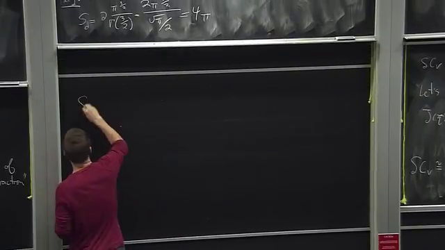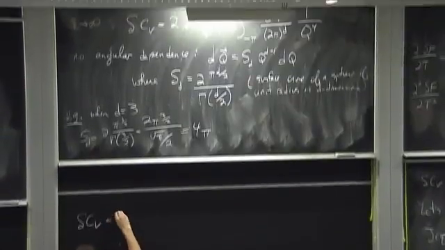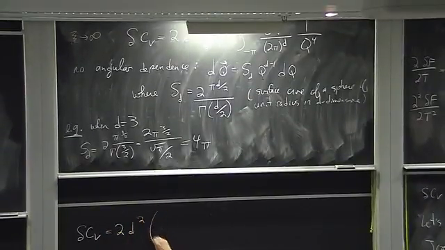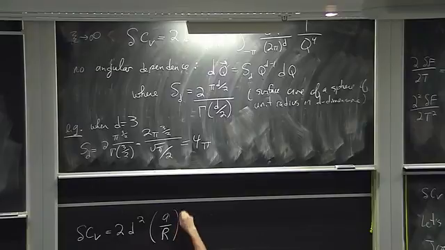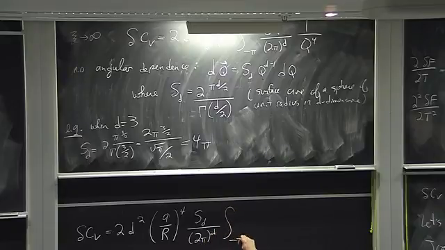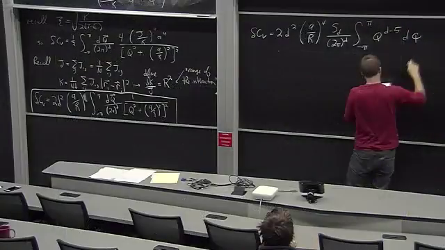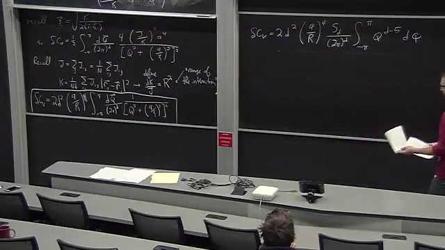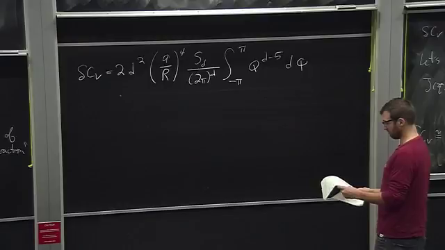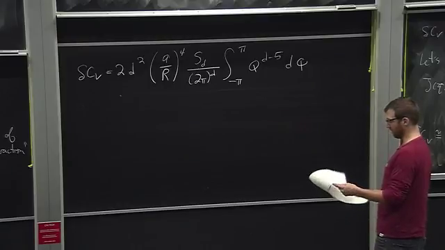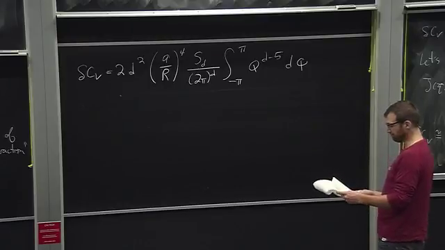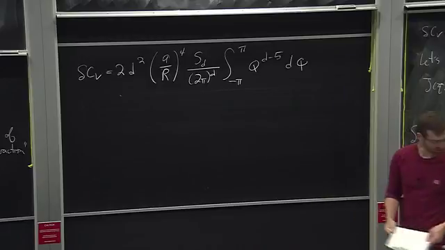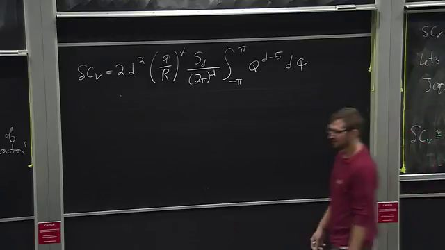Then in 3D, the fluctuation part of the specific heat. I just wrote my 2 expressions backwards, but I just wrote the general expression. I'm not going to erase it now.